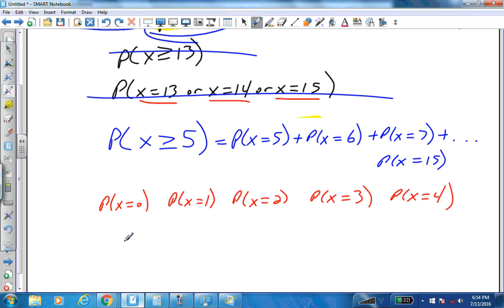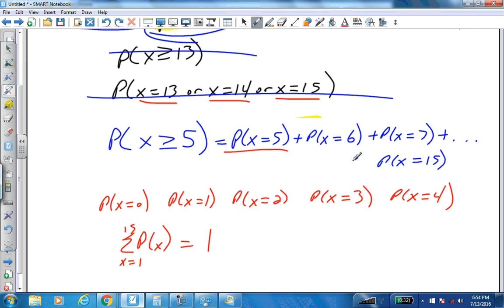Also, we know that if we add all of the probabilities from 0 up to 15, that takes care of every possible situation. So if we add all of those up from X being 0 all the way to 15, that has to add up to 1.